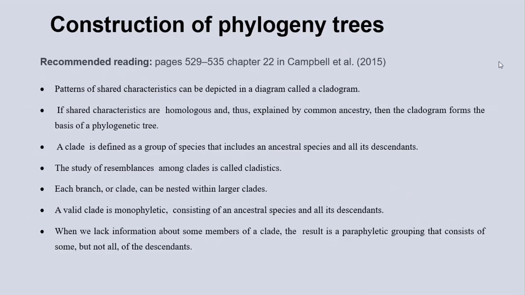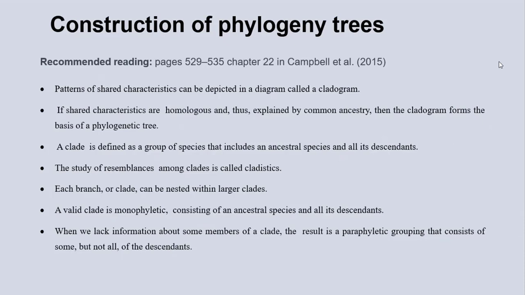We will also have to look at what a cladogram is, in order for you to get a sense of what your examiner is going to look for when they give you exercises, tests or assignments.